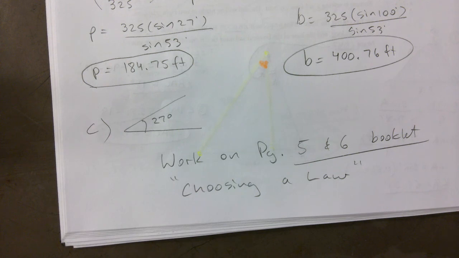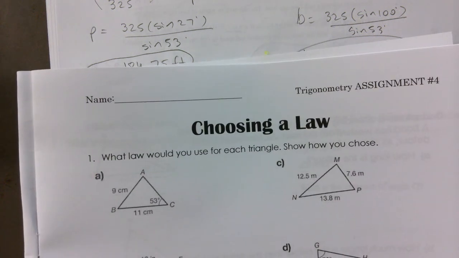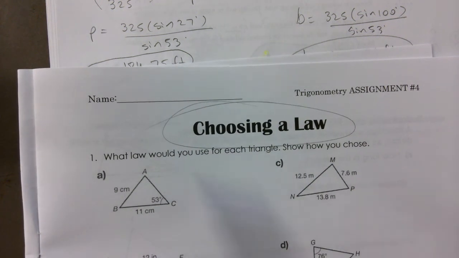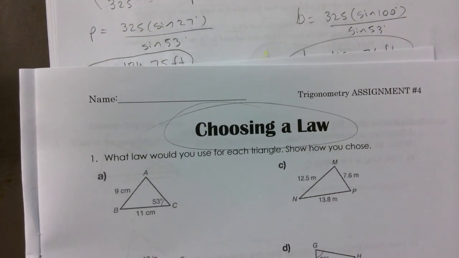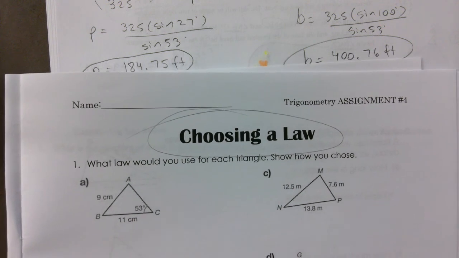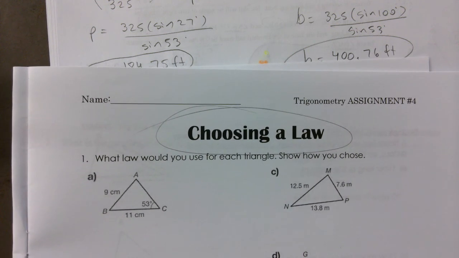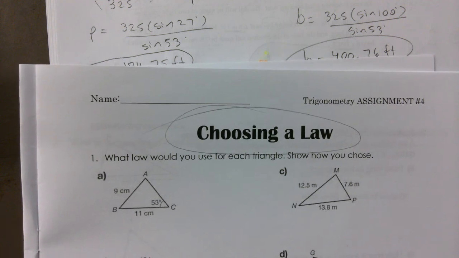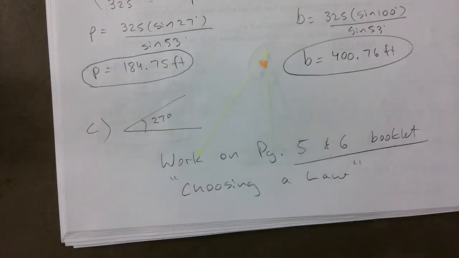Remember that worksheet booklet that I gave you at the beginning? Every unit has one. It looks like this. Whatever you don't finish here, I want you to do that at home. And I will post the answer key as well. Okay?